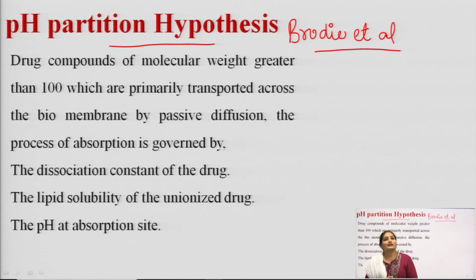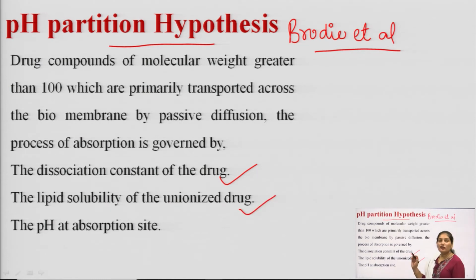So, this theory states that for drug compounds having a molecular weight greater than 100 and which are primarily transported across the biomembrane by passive diffusion, the process of absorption is dependent upon three factors. The first is the dissociation constant of the drug. The second is the lipid solubility of the unionized drug, and third is the pH at the absorption site.